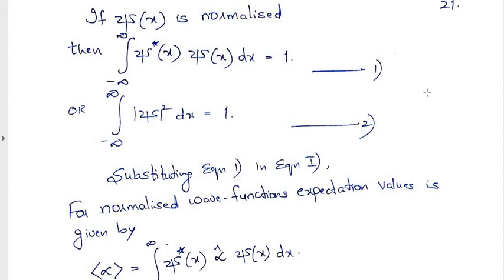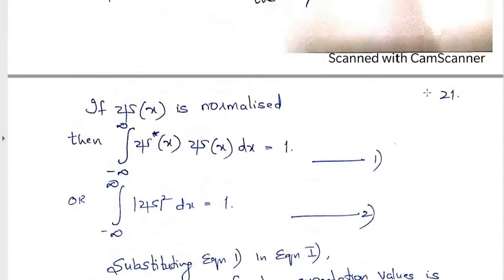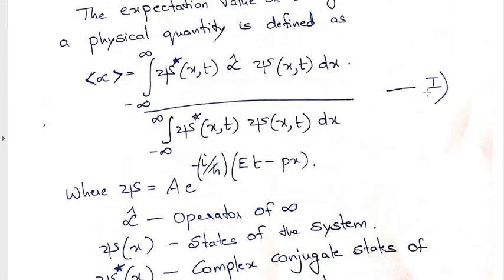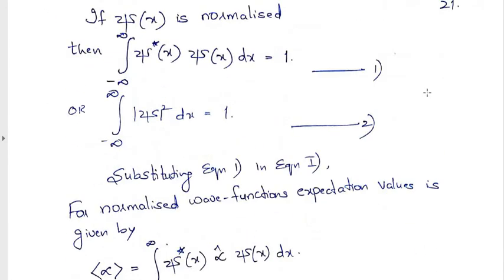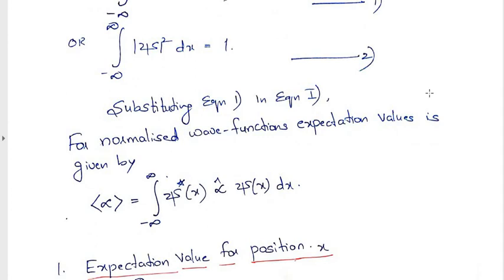Substituting equation 1 in equation Roman number 1, which we have for the mathematical form of expectation value, what we have is: the expectation value for normalized wave functions, the expectation value of alpha, is the integration of psi star x, operator alpha cap, psi x dx.